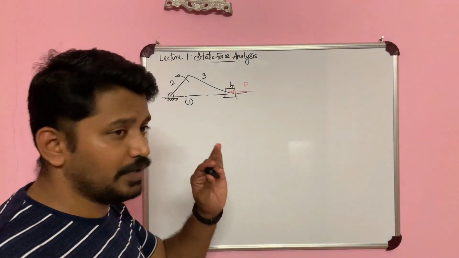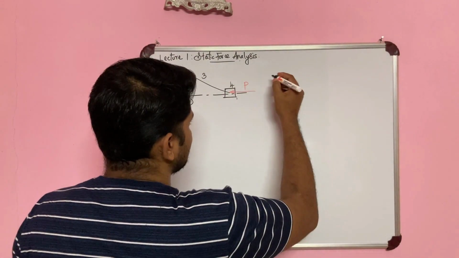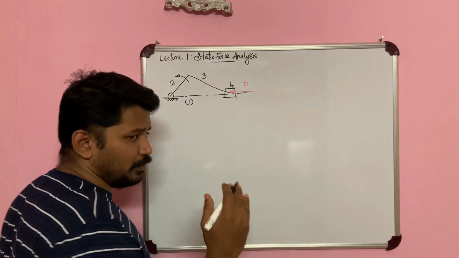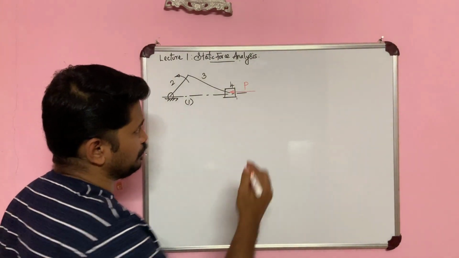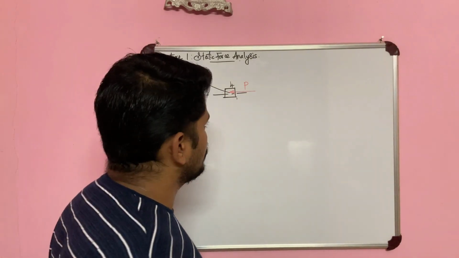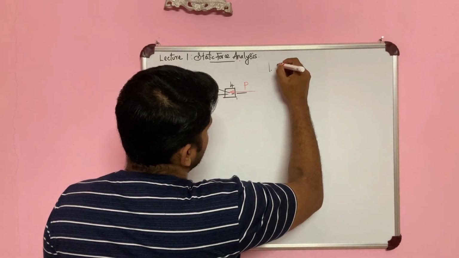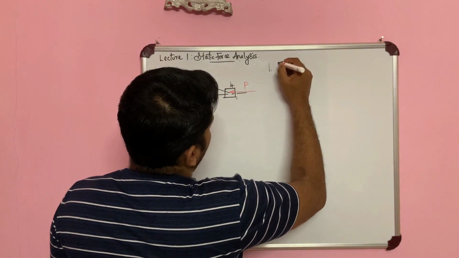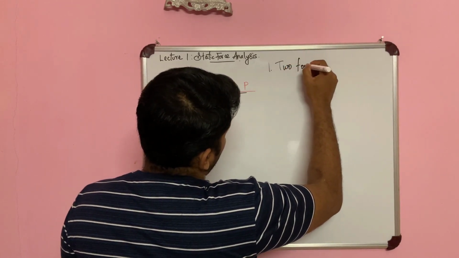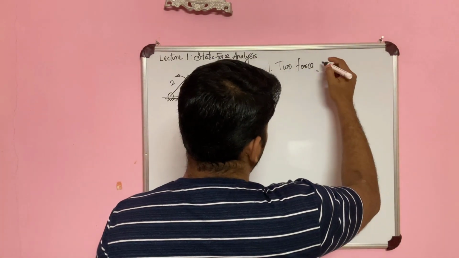So now before we delve deeper into solving this one, let us take the links one by one. Now in this problem you have 3 kinds of members. The first one is a member with two forces being applied on the member, that is 2 force member we can call it.